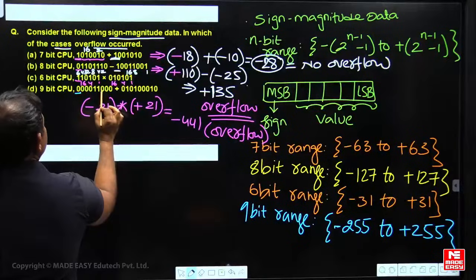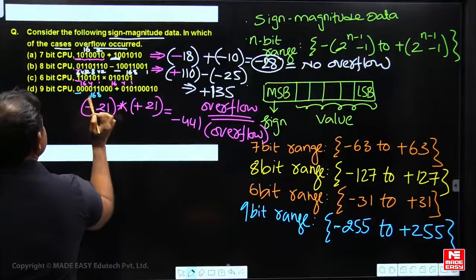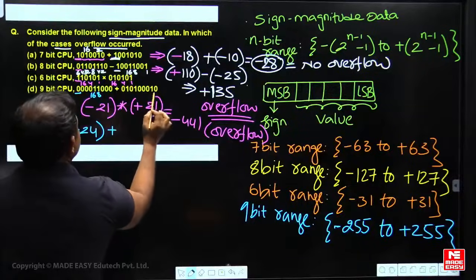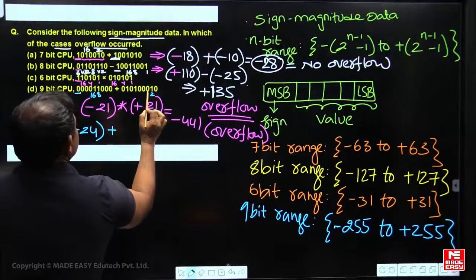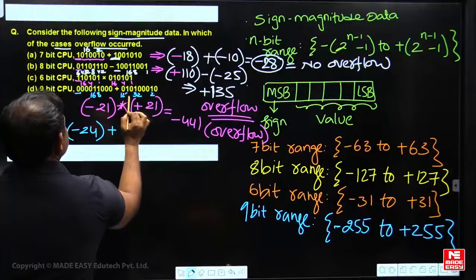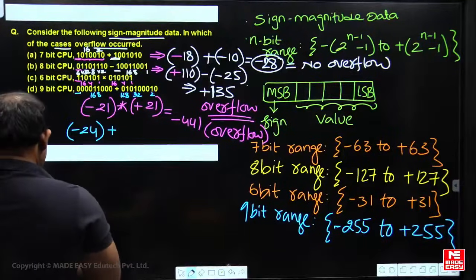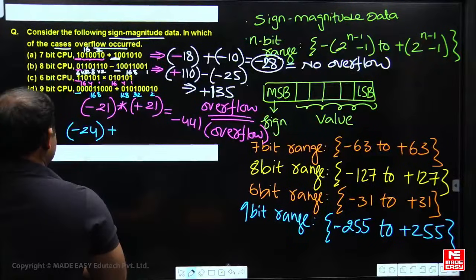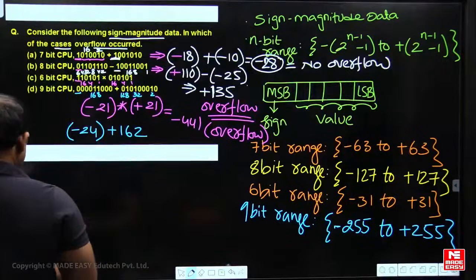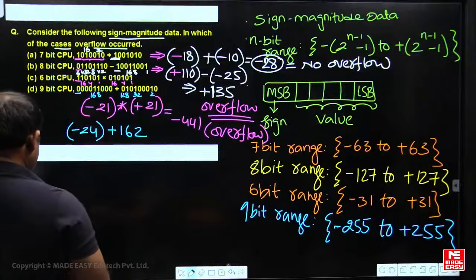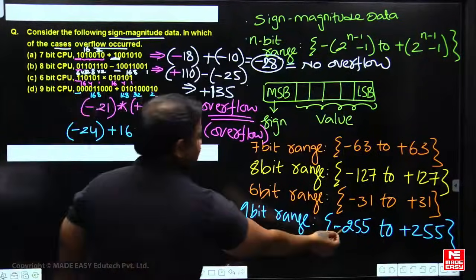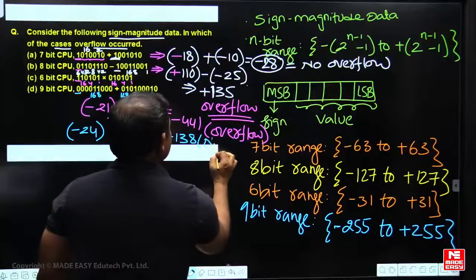Then the value is 128 plus 32 plus 2, that is 162. 162 minus 24 is plus 138. This 138 is in the range, therefore no overflow.